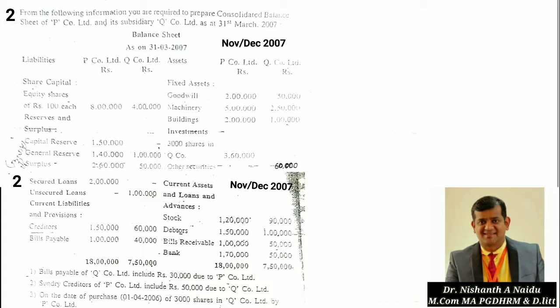Apart from this, they have given 3 adjustments. Adjustment number 1: bills payable of Q Company Limited includes rupees 30,000 due to P Company Limited.